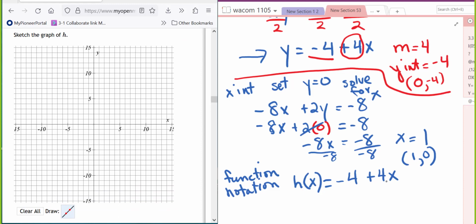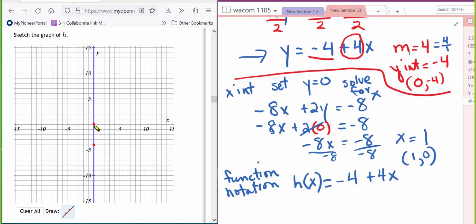All right. So let's see. I need my point. So I'm going to start at the y-intercept. I'm going to actually start with my line tool. And a -4 on the y-axis. And my slope is 4, so that will be 4 over 1 when you're going to move with it. So from here, let's see, did I go in the right place?